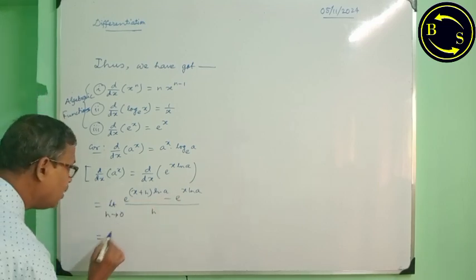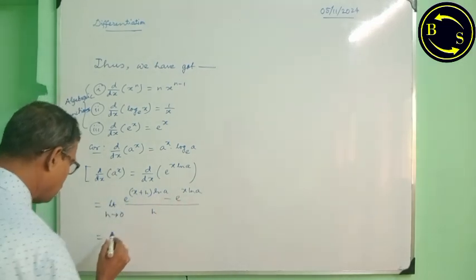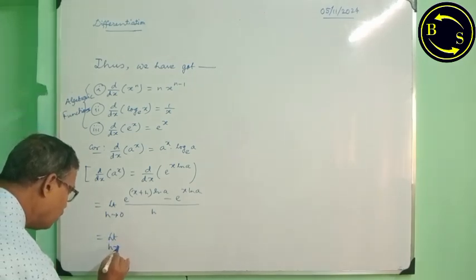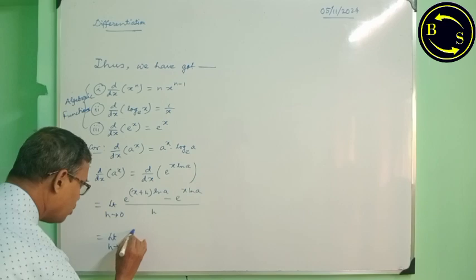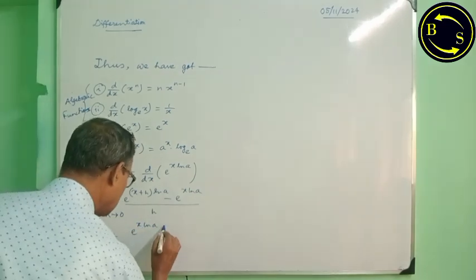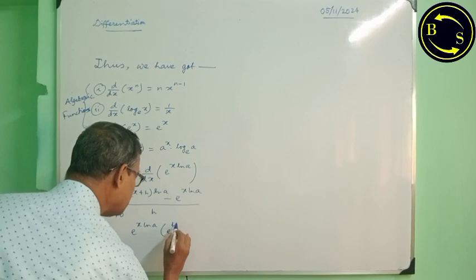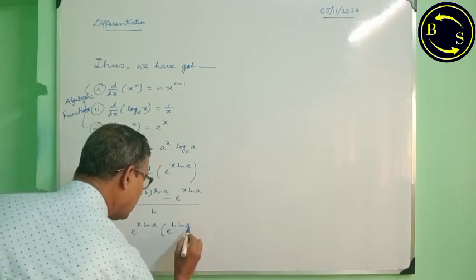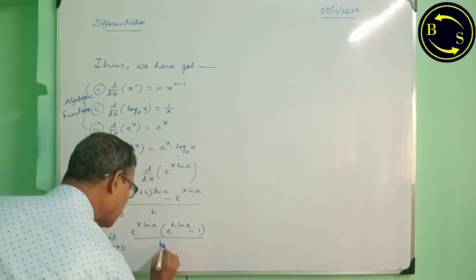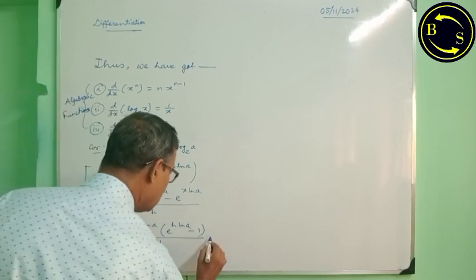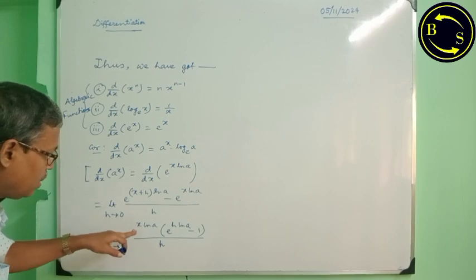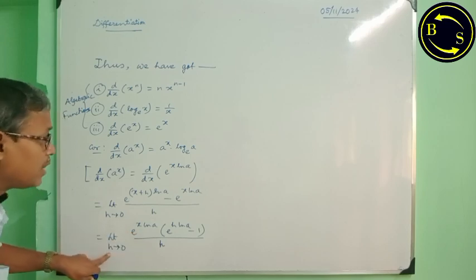Then you see e to the power x log a is a common factor: e to the power x log a into (e to the power h log a minus 1) by h. Now e to the power x log a is a constant as h tends to 0 here.